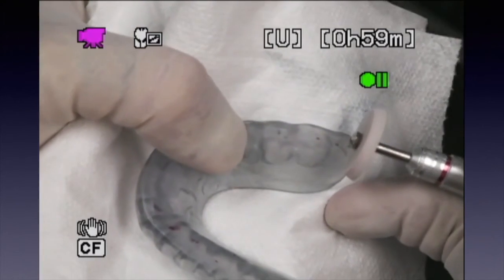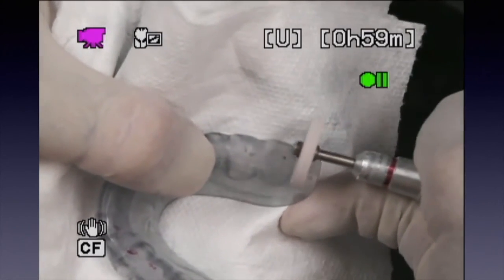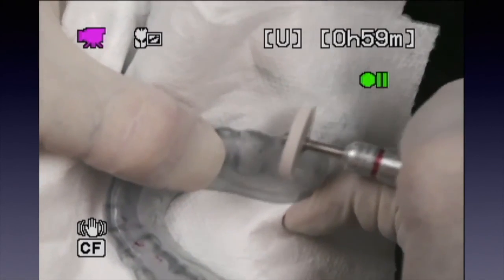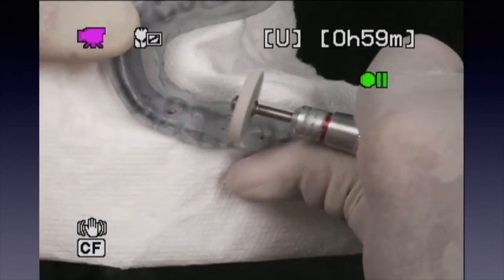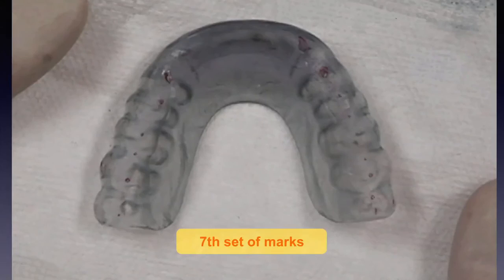After the sixth set of marks are adjusted, he then smooths the surface with a rubber wheel very gently, very lightly, to remove the roughness from the carbide burr adjustments. Now this is the seventh set of marks and is the point at which he will stop. Now think about what has occurred here.